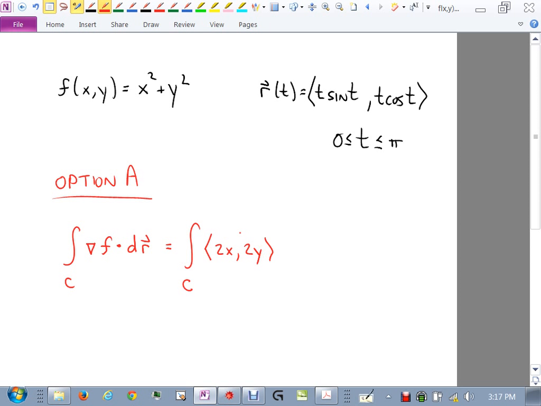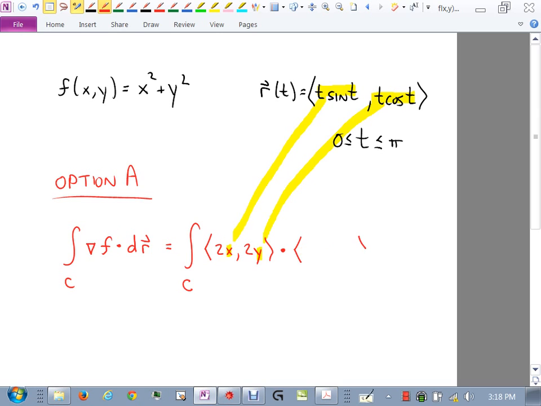But be careful here. There's something a little subtle that we kind of missed there. That x and that y have to be replaced with what? With these two, up there. But I'm just going to leave them like this for now, just so you can see how this is going to work. Dotted with what?